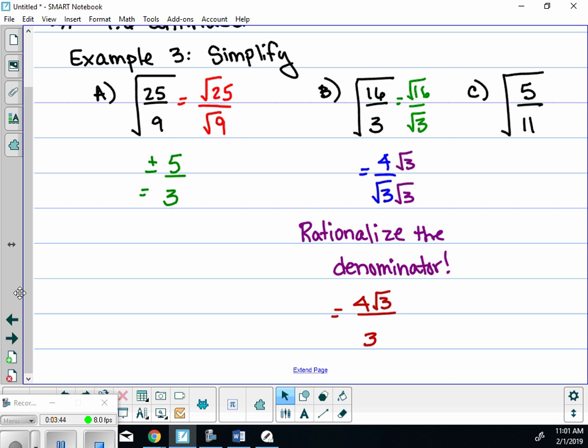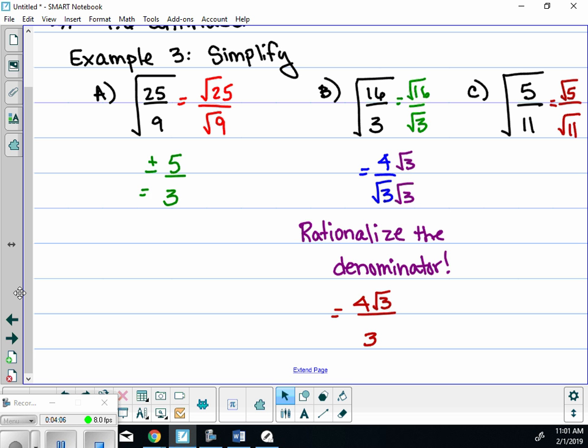So let's look at C. What would we do for C? Our first step would be square root of 5 over square root of 11.